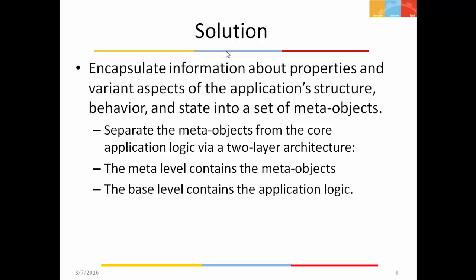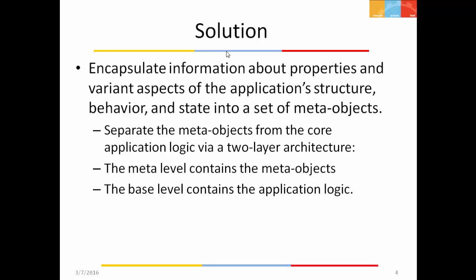it encapsulates information about various properties and various aspects of the application structure, its behavior and state into a set of meta objects. You can imagine this reflection pattern to be basically a layered architecture having two layers.